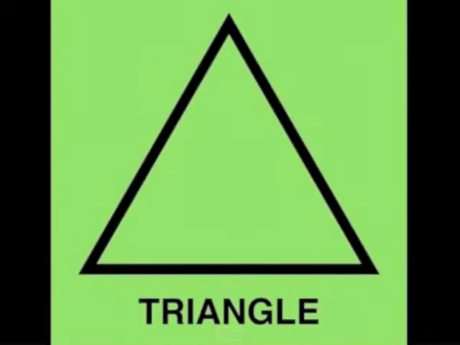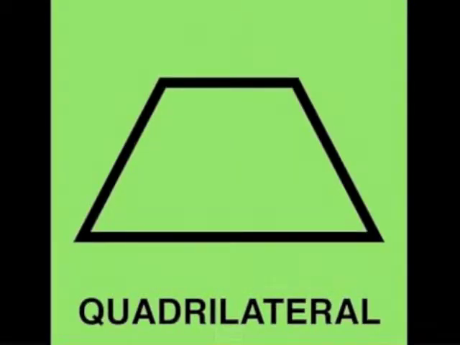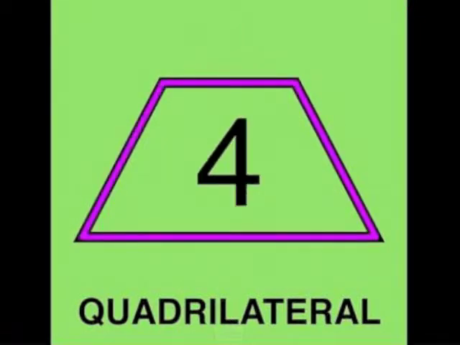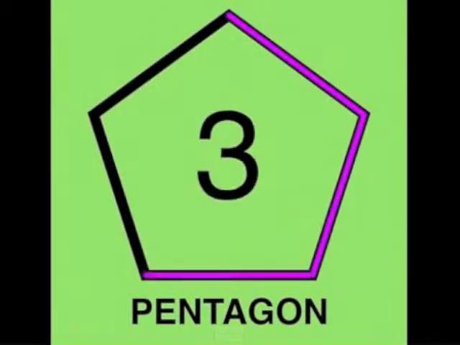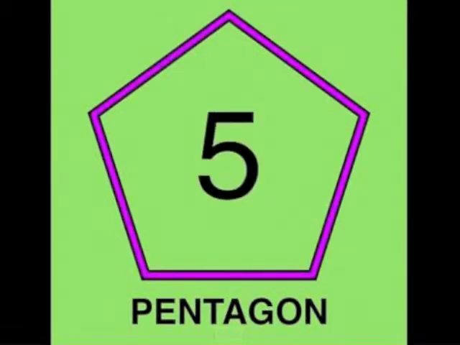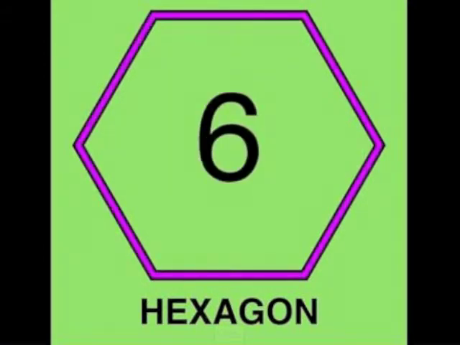Draw a triangle up in the air. 1, 2, 3. Draw a quadrilateral up in the air. 1, 2, 3, 4. Draw a pentagon up in the air. 1, 2, 3, 4, 5. Draw a hexagon up in the air. 1, 2, 3, 4, 5, 6.